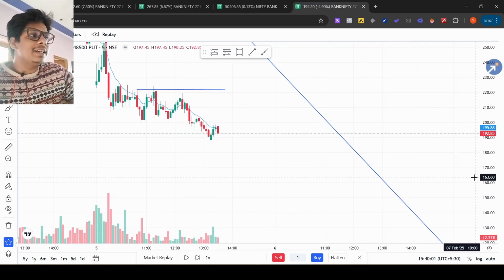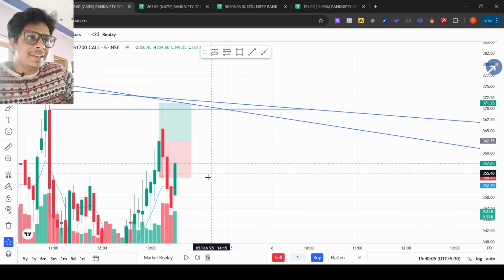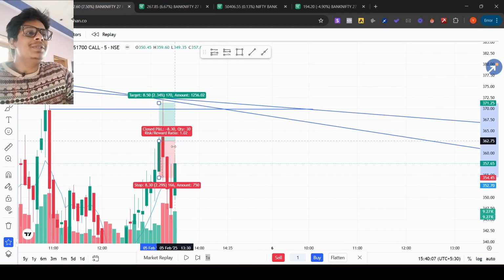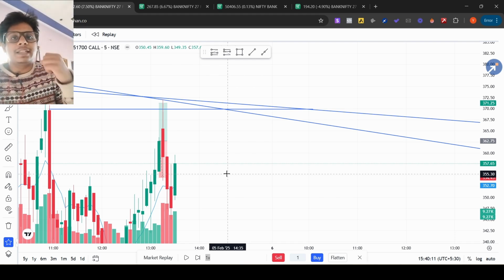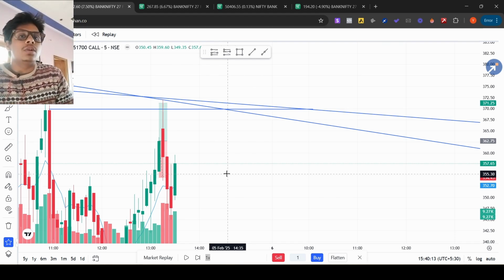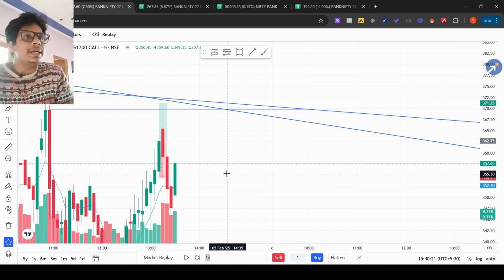About 13:20. So this was my final trade. I was really stressed out. This was the trade I took out of my greed, I just wanted to make up for my losses immediately that day.